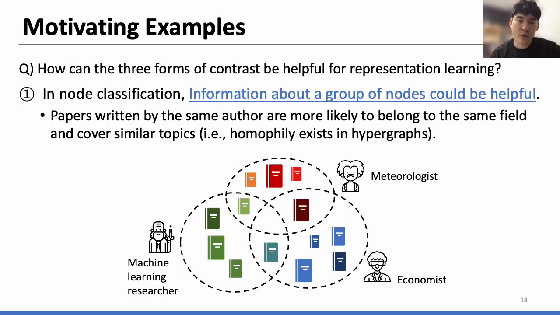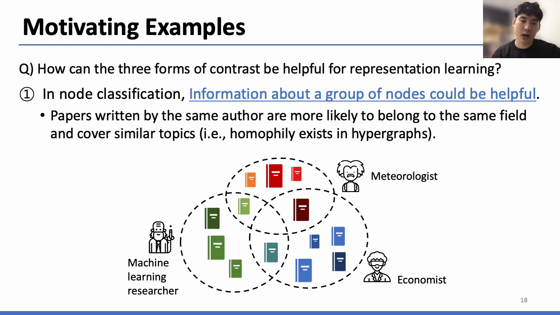How can the three forms of contrast be helpful for representation learning? In node classification, for example, information about a group of nodes could help improve performance. Specifically, in a co-authorship network, nodes and hyperedges represent papers and authors respectively, and papers written by the same author are more likely to belong to the same field and cover similar topics.